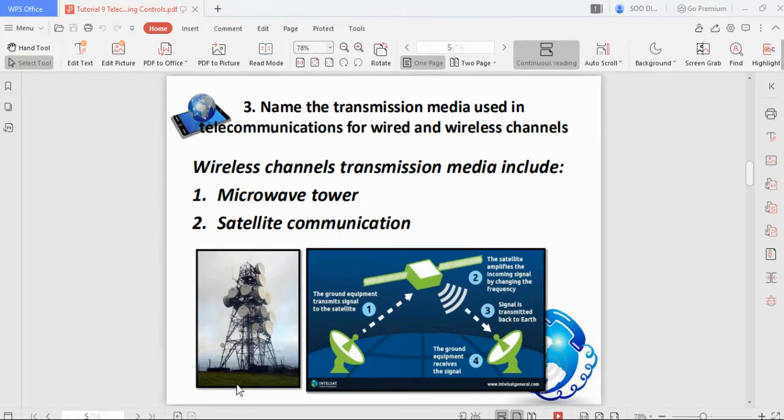And because there are mountains which will obstruct the data, that's why satellite communication will provide a better signal as opposed to having microwave towers. So the technology behind this is also different lah. This is using AM and FM. This is using another type of technology.